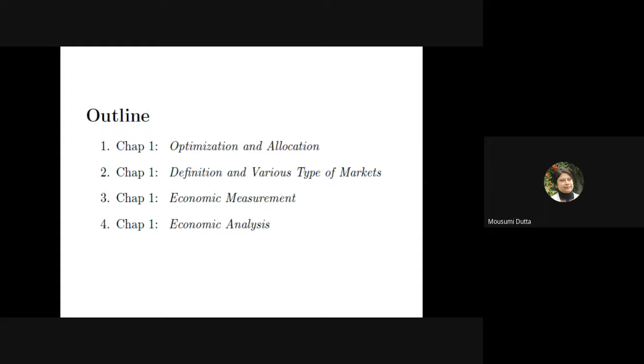Macroeconomics talks about the aggregates. It is interested in aggregate consumption, aggregate savings, aggregate investment, aggregate income of the economy as a whole. I mentioned that the difference between micro and macro is becoming blurred over time, and nowadays we mainly focus on the microeconomic foundation of macroeconomics.